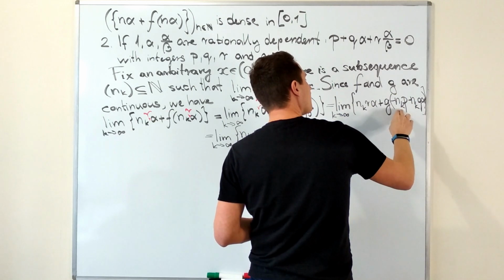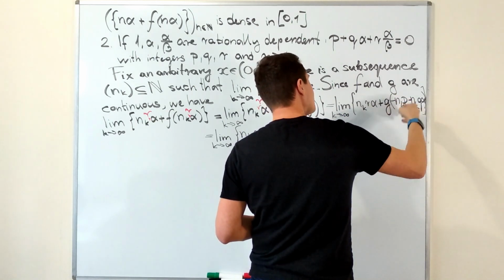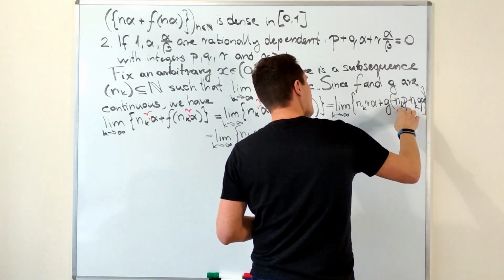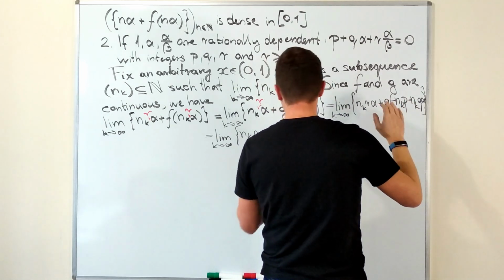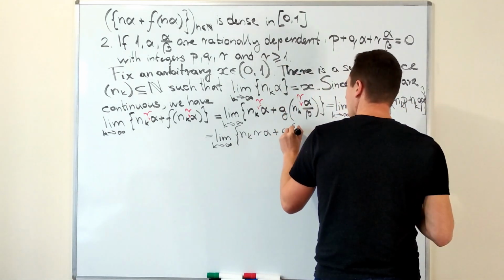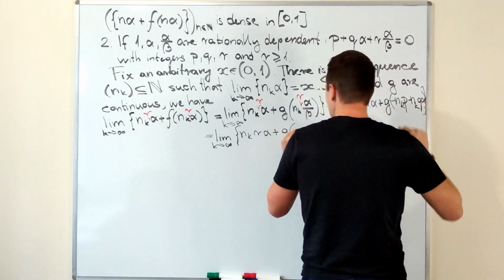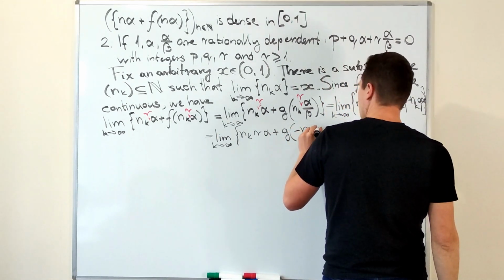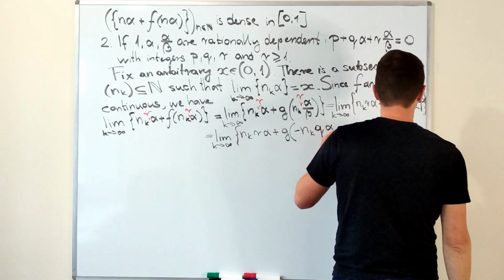So we can take unit steps and not change the value of g. So this is equal to g of minus just n sub k times q alpha.